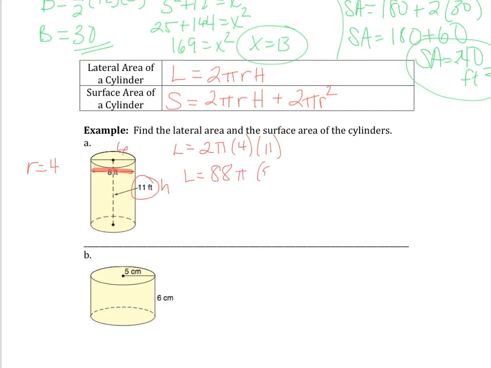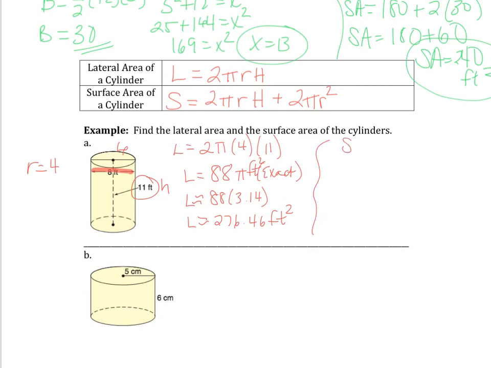And again, this is my exact answer. Using pi as a decimal, my approximate answer is going to be 88 times 3.14, which is approximately 276.46 feet. And again, we're talking feet squared. I should put that label here.